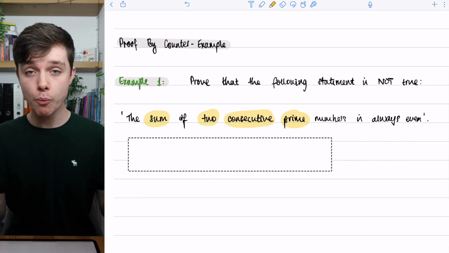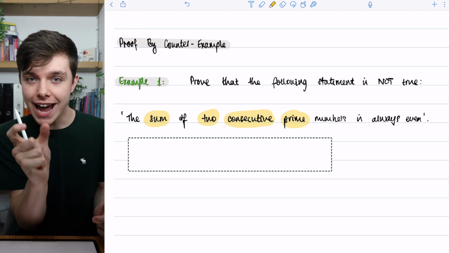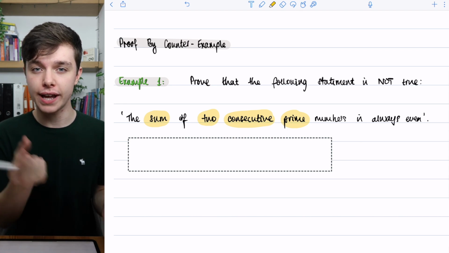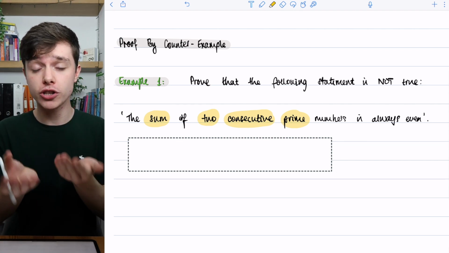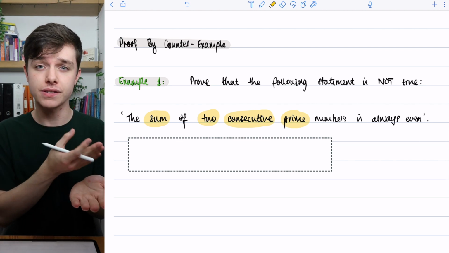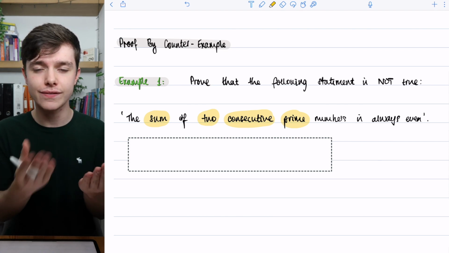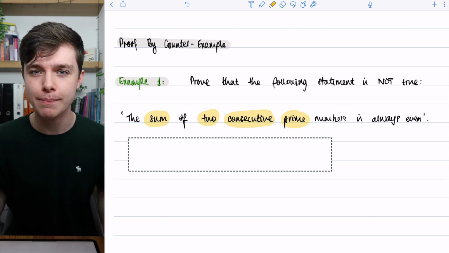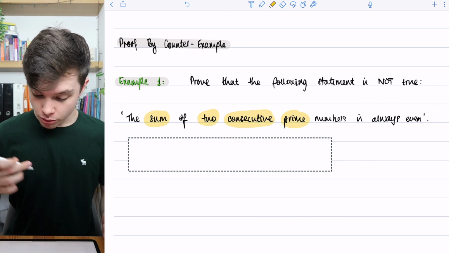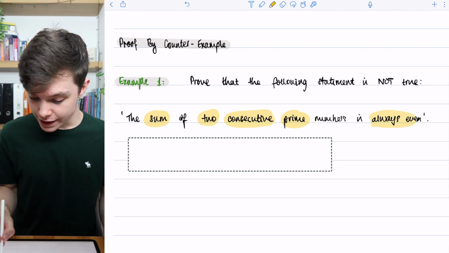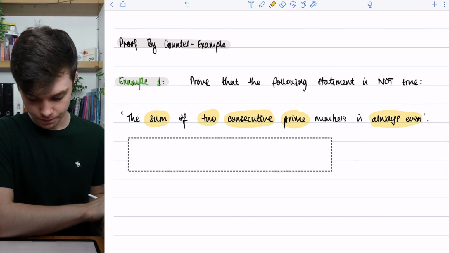Consecutive means when we list the prime numbers, they are together, they're next to each other. 1 and 2 are consecutive numbers because they are integers. They're consecutive integers because they're next to each other, if that makes sense, okay? So we've got two consecutive prime numbers is always even when we add them together, okay?